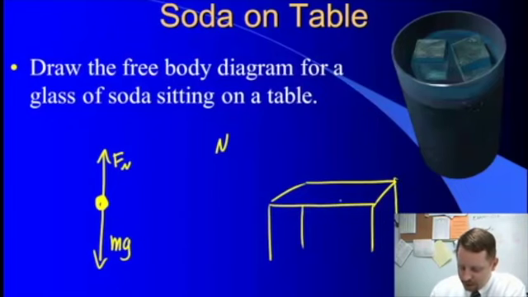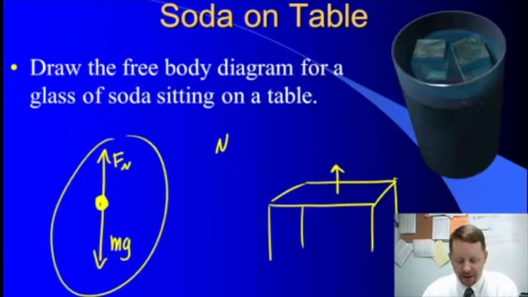The normal to the table must be perpendicular to the surface, or up out of the table. That's what they mean by normal. It's always perpendicular, or 90 degrees, to the surface the object is sitting on. So that's our free body diagram for our glass of soda sitting on a table.